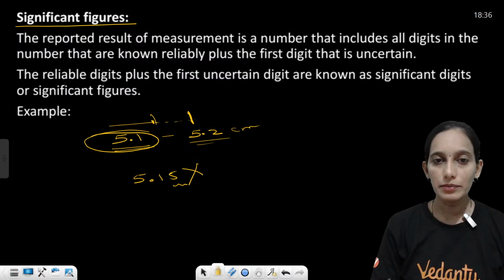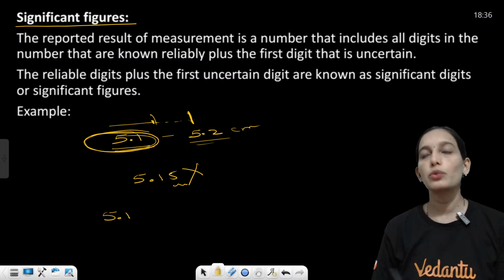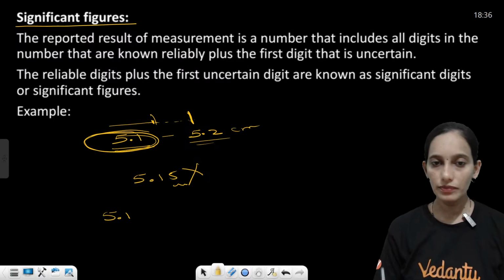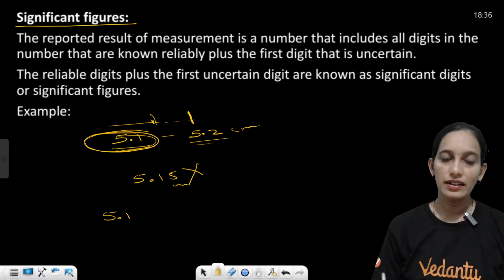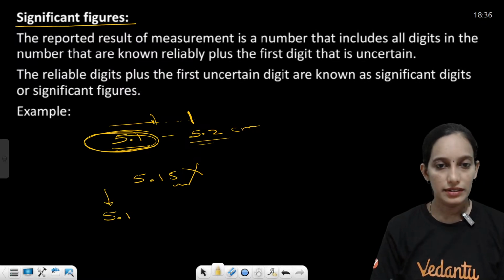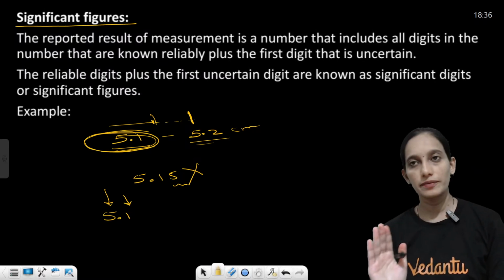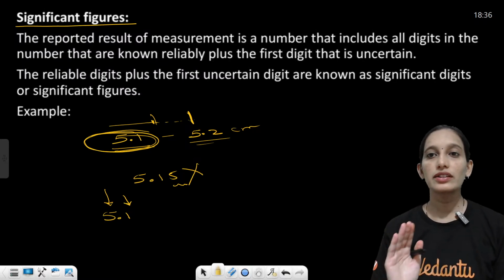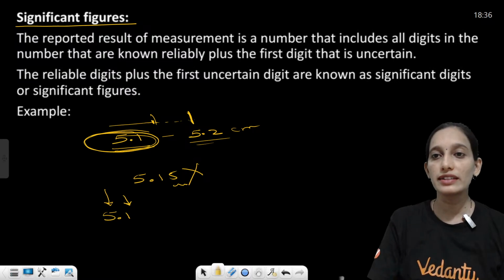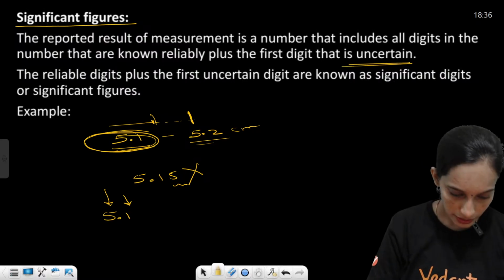So we have to write down the previous one, let us say we wrote 5.1. Here I am 100% sure that the length is 5, but is this 0.1 a 100% sure digit? No, that is not a 100% sure digit. We call it an uncertain digit. Do you agree?